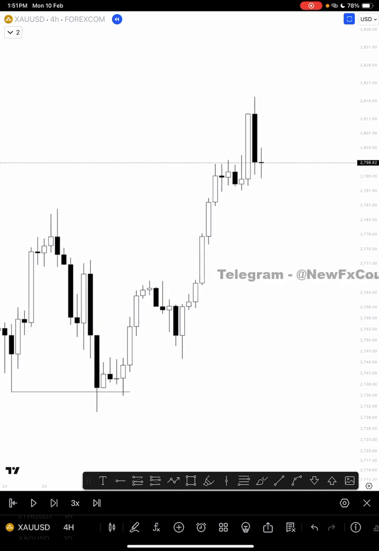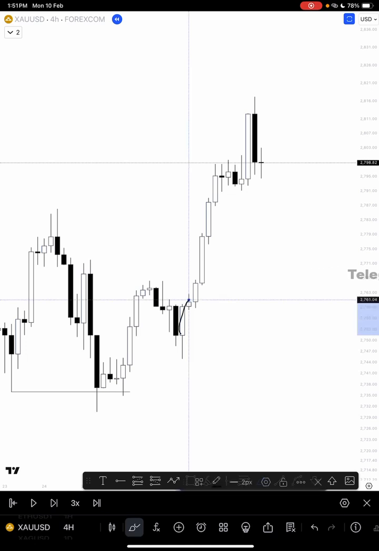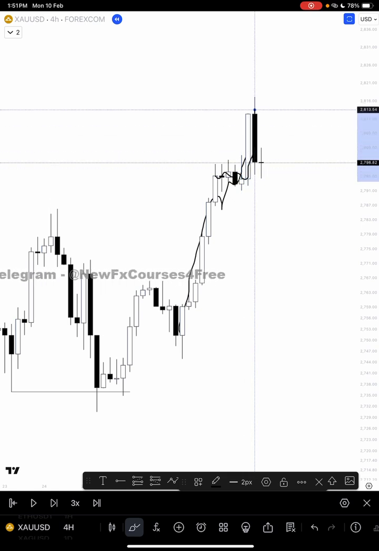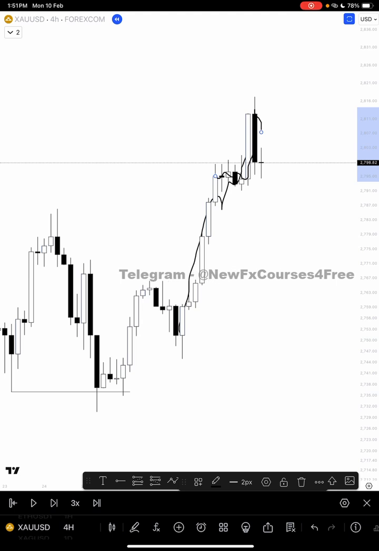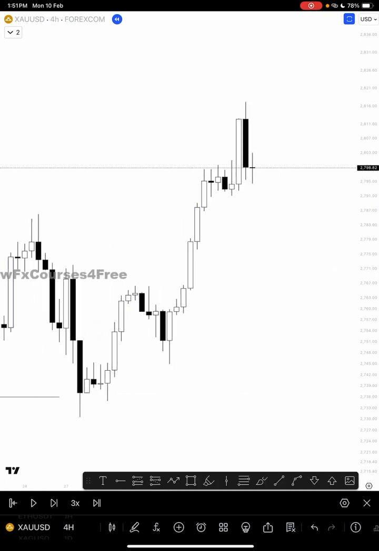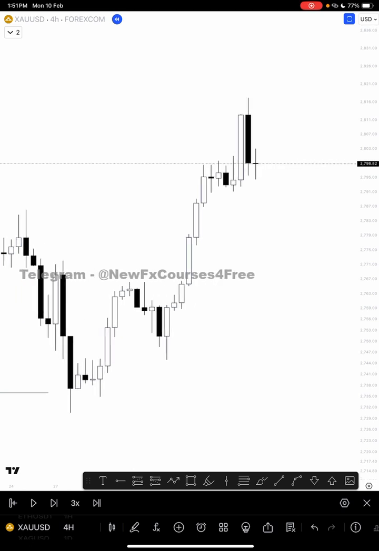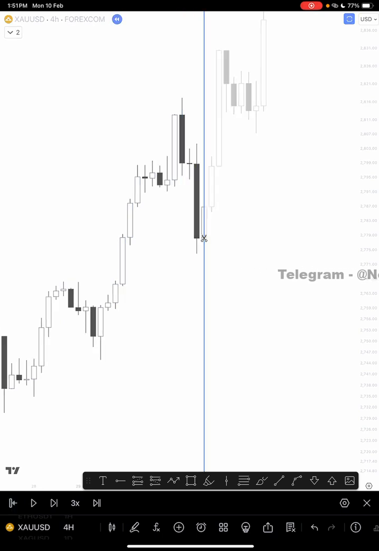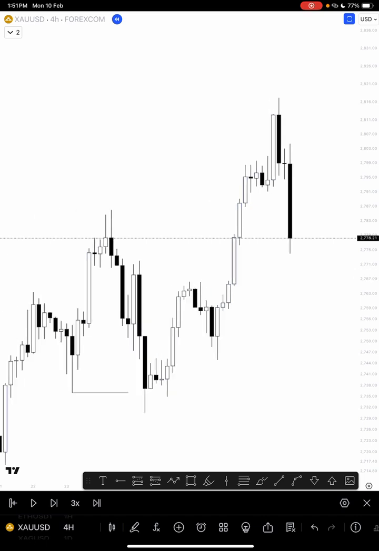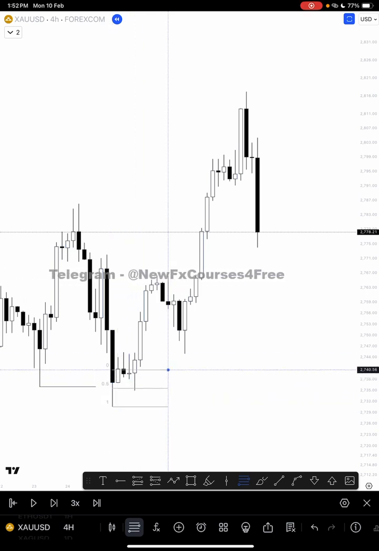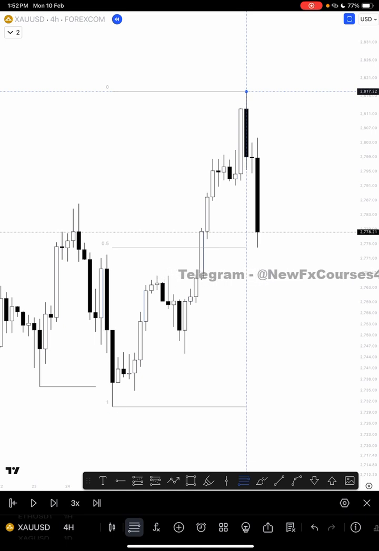So here the market expanded higher, and consolidated here, expanded again. So we are waiting for a retracement profile for lower prices. So here, playing this out in time, we got a dump lower with this candle here, taking our fib from the old swing low to the recent swing high.